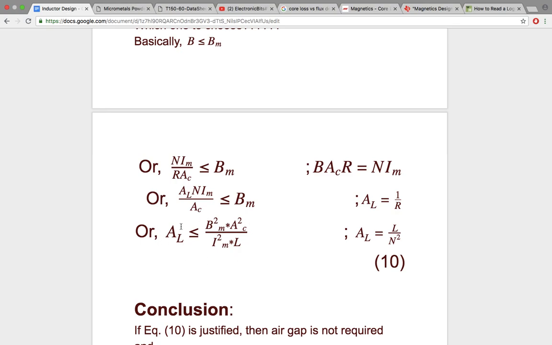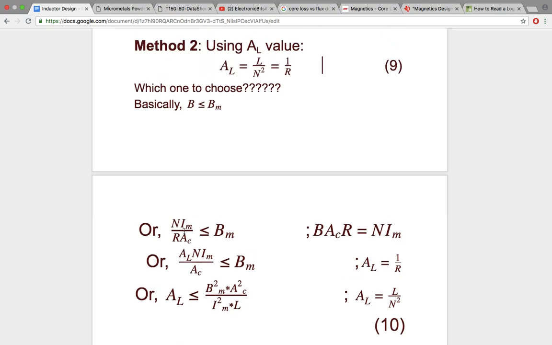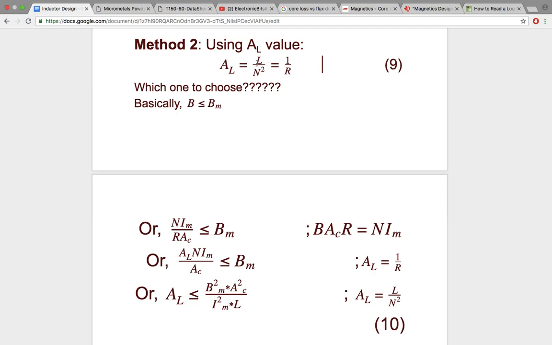If it is not satisfied, then we can say that whatever value of n you have calculated from here, for sure, for the Im, the maximum current, if it flows into the core, your B will reach Bm. It will not just reach, it will exceed, maybe even to a very large number, if proper care is not taken.